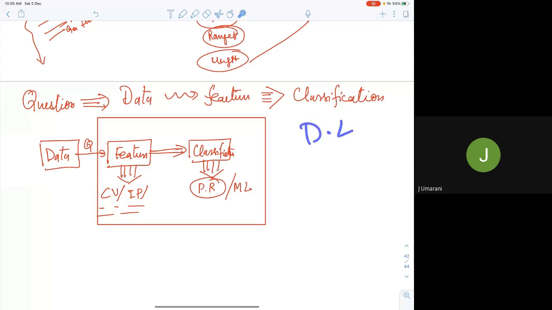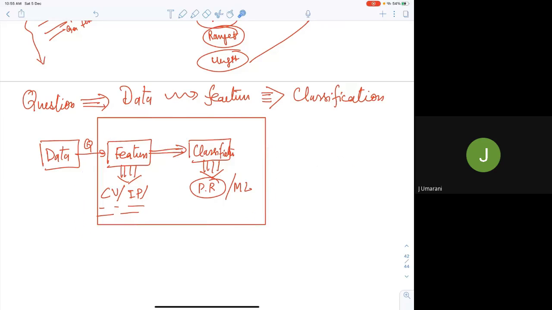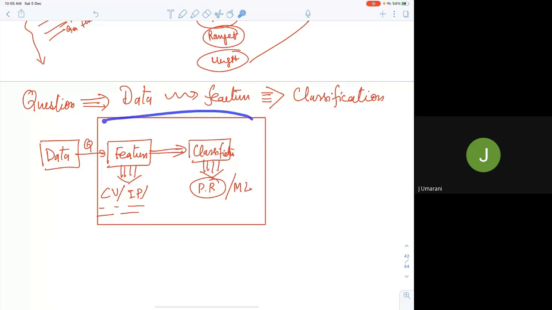And if features are not performing well, they will say my features are good, probably your classifier is not working. When both of these things are combined, they cannot say that this is good or this is bad. Both of them have to be good, as well as cooperating. Features need to cooperate with the classifier, and the classifier needs to manage itself in such a way as to cope well with whatever features we are getting.